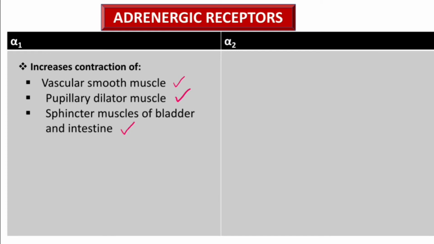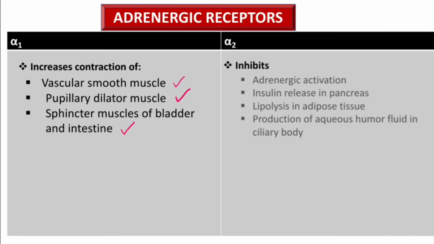If you stimulate alpha 2, remember alpha 2 is inhibitory. So most of its actions are inhibitory, right? For example, if alpha 2 is stimulated, the action will inhibit adrenergic activation. It will inhibit insulin release from the pancreas, right?